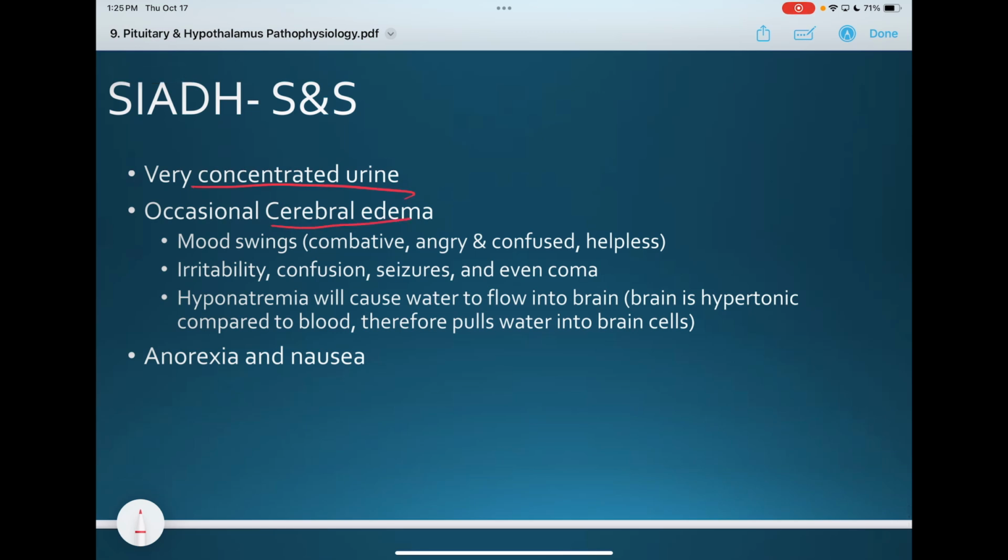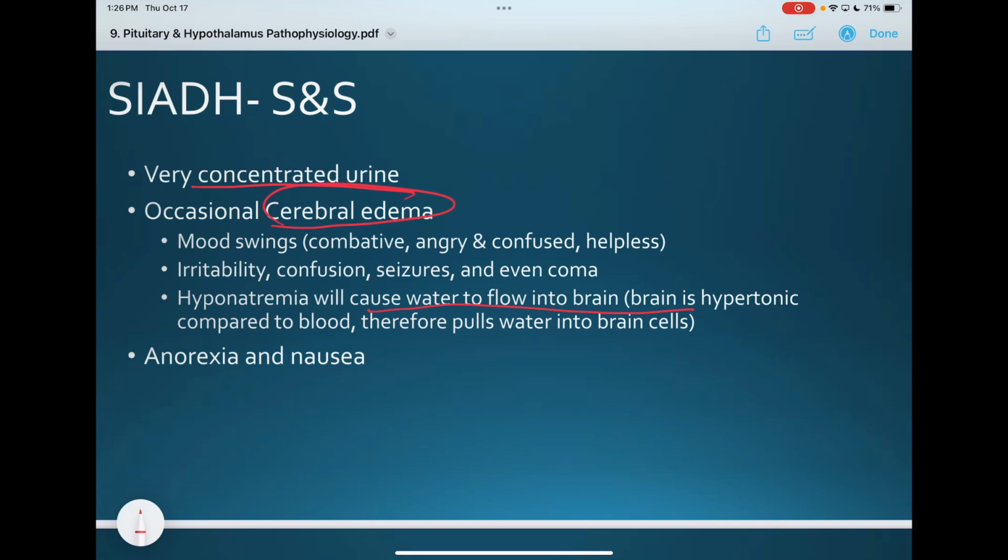Occasional cerebral edema. We never want to see anything causing cerebral edema. Not good. When you have cerebral edema, you get mood swings, irritability, seizures, coma can even happen. Hyponatremia will cause water to flow into the brain. Remember we did the first lecture of physiology. We talked about cells swelling and cells shrinking.